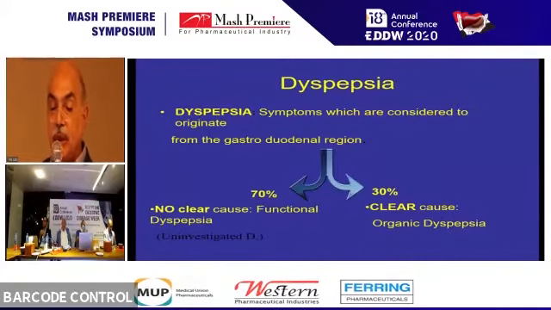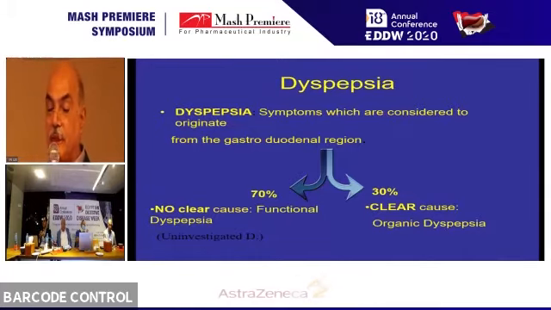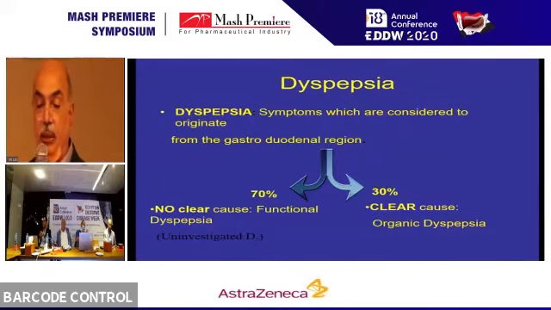So, 70% of dyspepsia is functional, which means there is no clear cause, and only about 30% you can find an organic cause. It is a problem related to the gastroduodenal region.